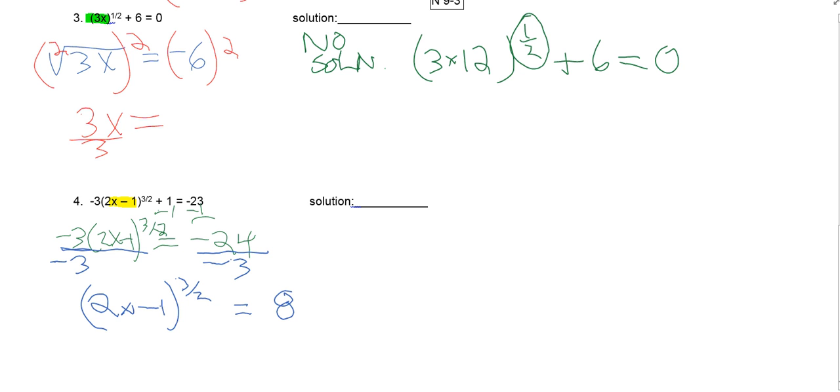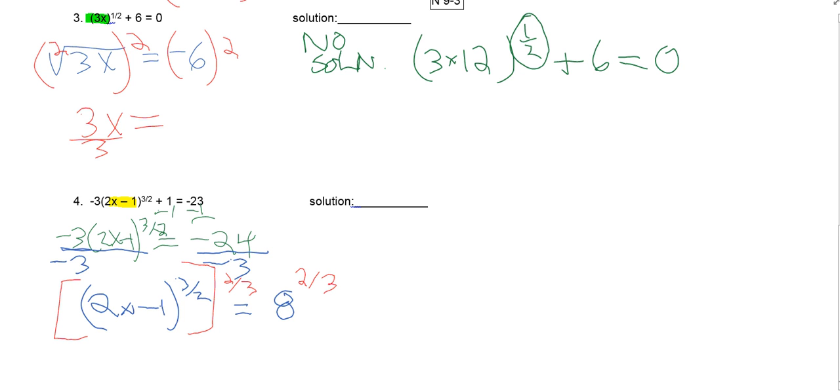And let's go ahead and switch colors up. And now we have to get rid of that exponent, so we're going to raise both sides to the 2/3 power. Okay. Of course, the same thing's happening on the left.